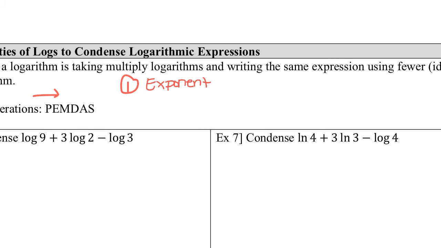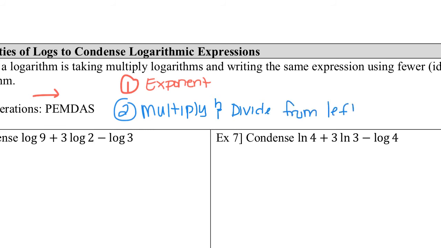Then the second thing is actually at the same time multiply and divide from left to right. So if you have subtraction first, that means you're going to use the division rule first. If you have a plus first, you're going to use the multiply rule first. It's just whatever comes first, left to right.